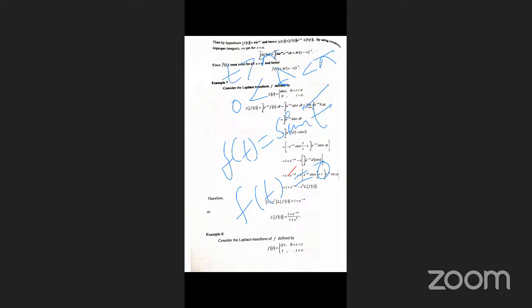We apply the same thing, there is no difference. Taking the limits 0 to pi for one part, e power of minus st times f of t, which is e power of minus st sin t.